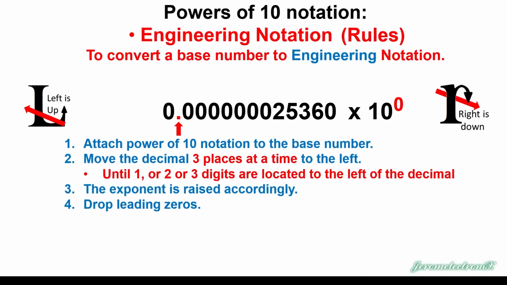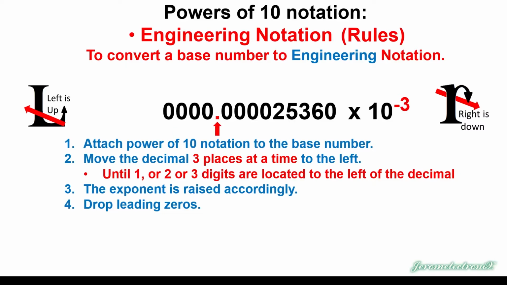Okay, here's another number. We're going to convert this base number to an engineering notation number. I've already applied the times 10 to the 0th power to it, and now we need to move the decimal until there are 1 or 2 or 3 digits to the left of the decimal, and they can't be zeros.